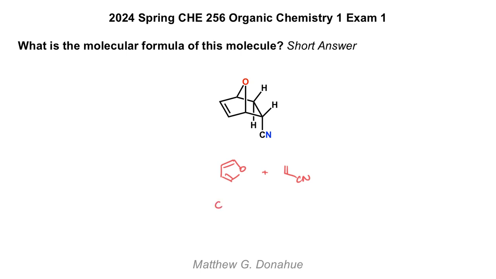So you have C4H4O plus C3H3N. So if you add those together, you get C7H7NO. And so again, the elements after the carbon and hydrogen must be in alphabetical order.